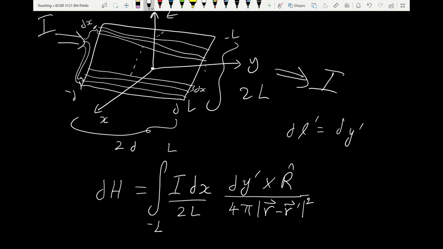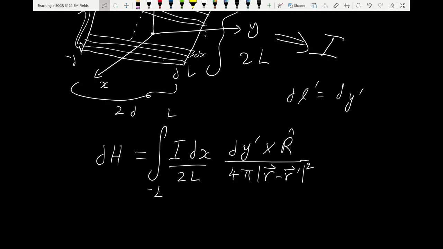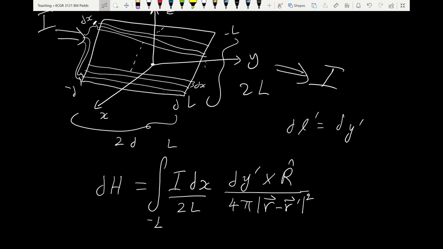For a small width, the current flowing through the width of the filament is going to be dx over 2L times I. Okay, so this would be the expression. Oh, okay, so this is a mistake.